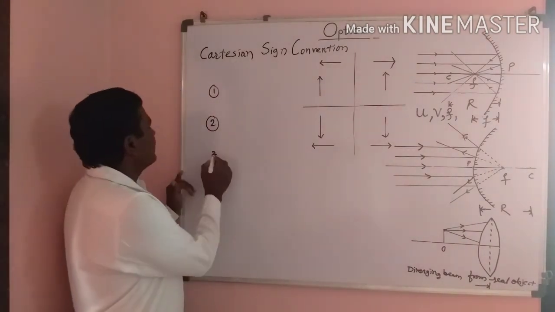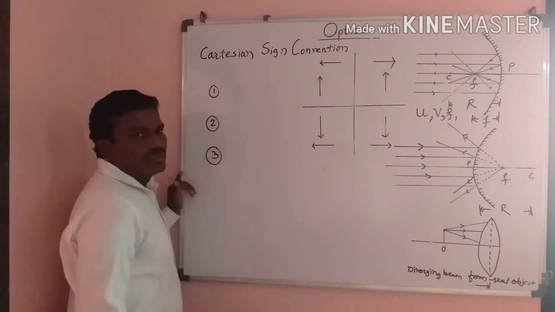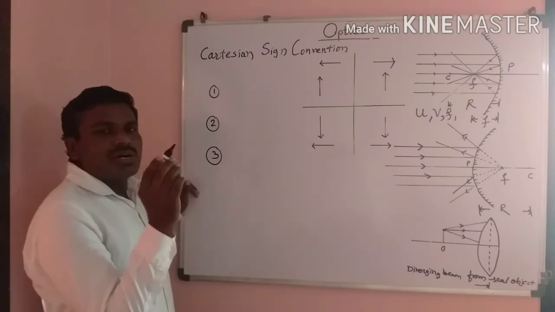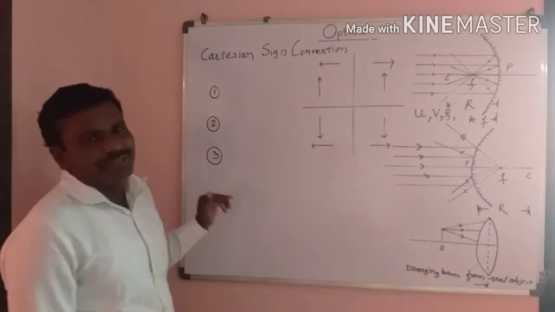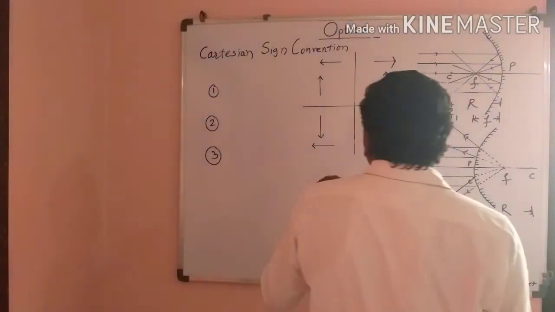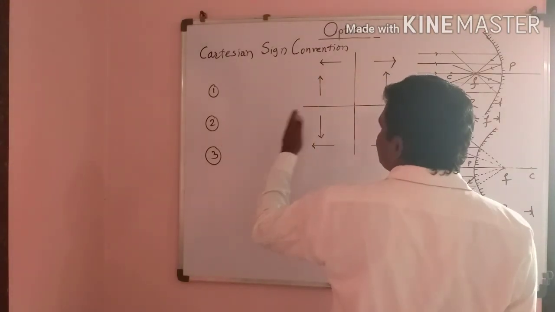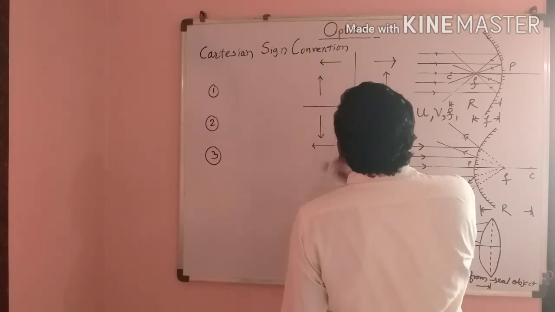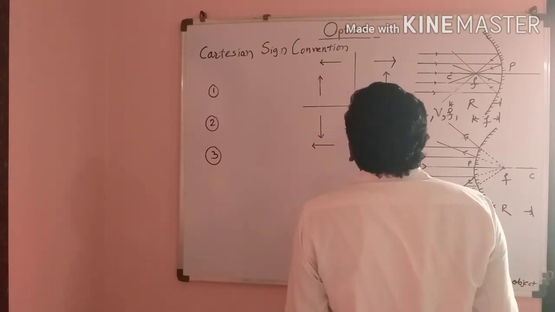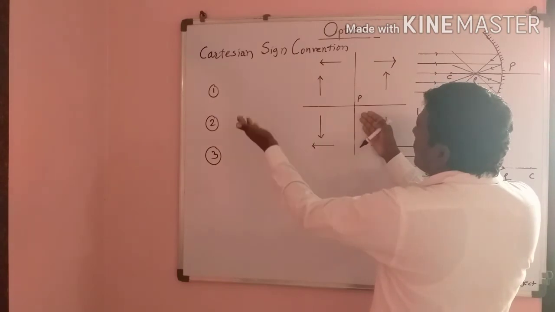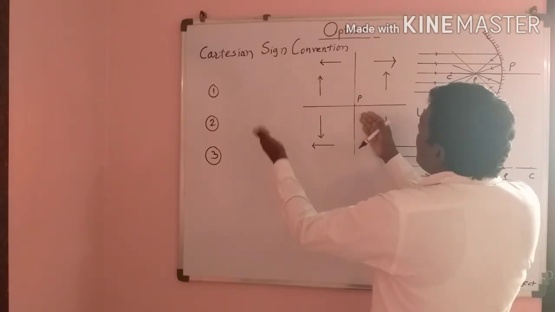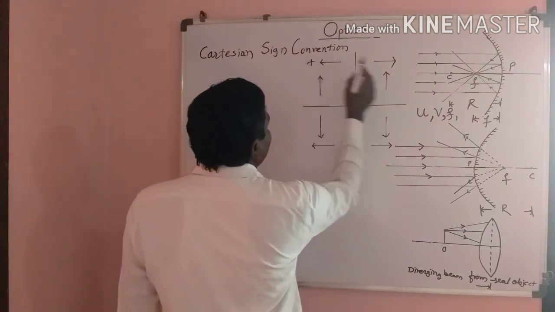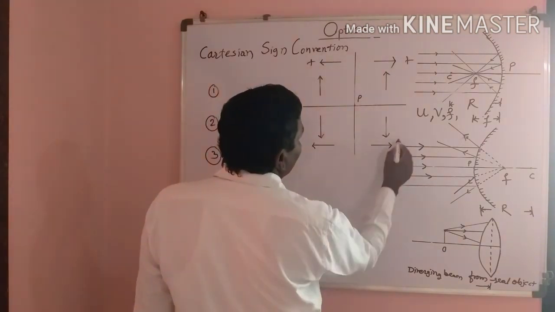Here we can see the next rule. The distance measured to the left of the geometrical pole, if we consider a coordinate system, this is the geometrical pole, and the distance measured to the left of the pole is always negative, and to the right of the pole it is always positive.